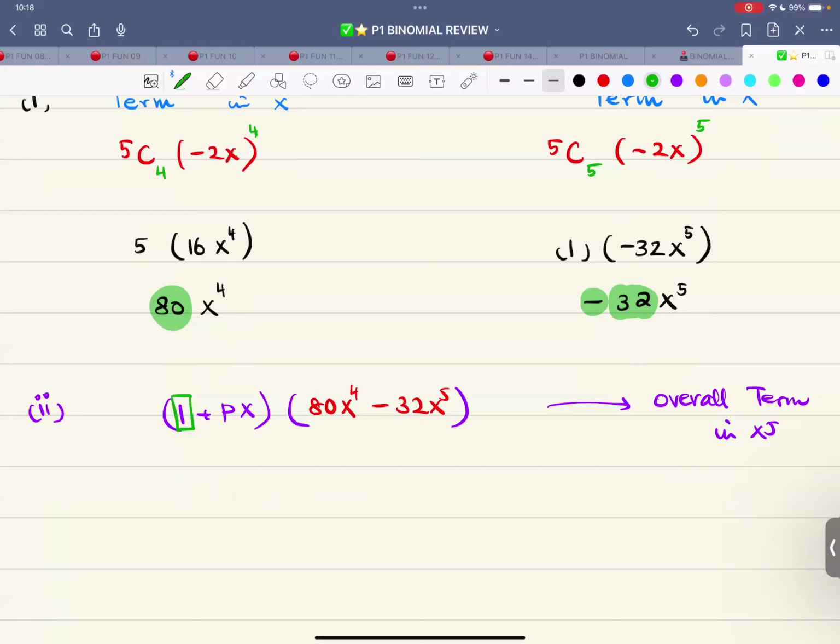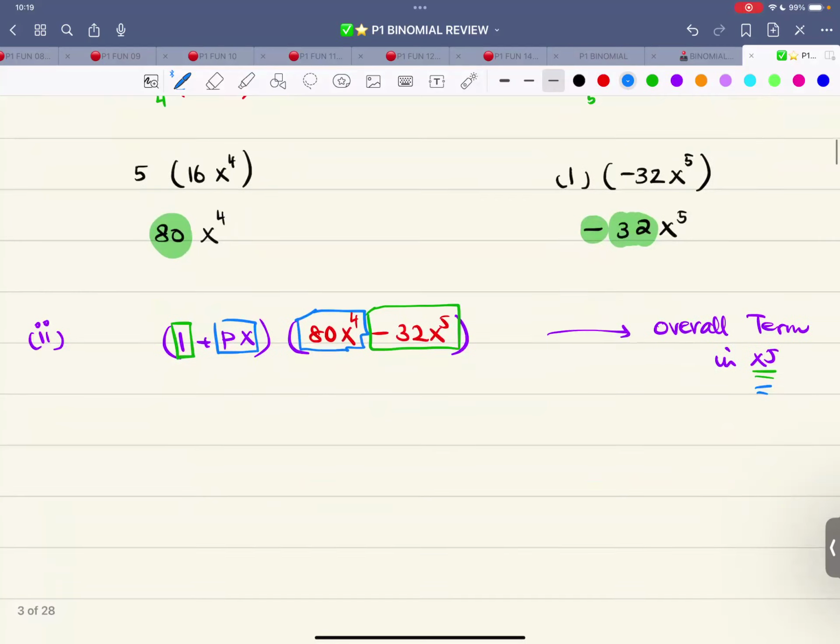Because this one will multiply with negative 32x^5, that will give me x^5. Similarly, I can choose px. I can multiply with 80x^4. That will also give me x^5.